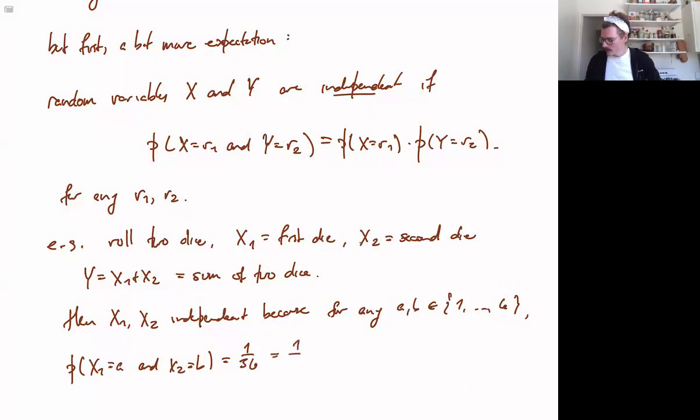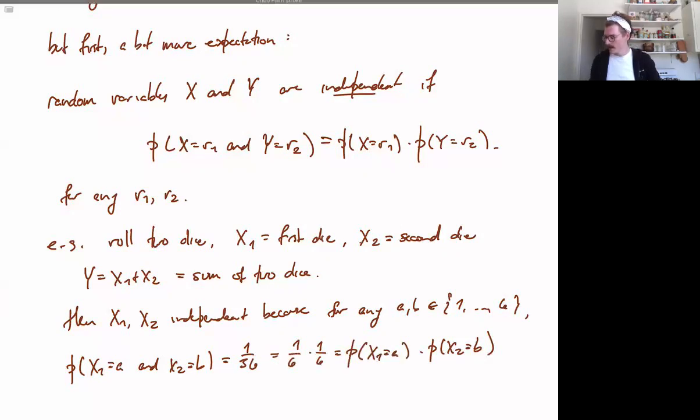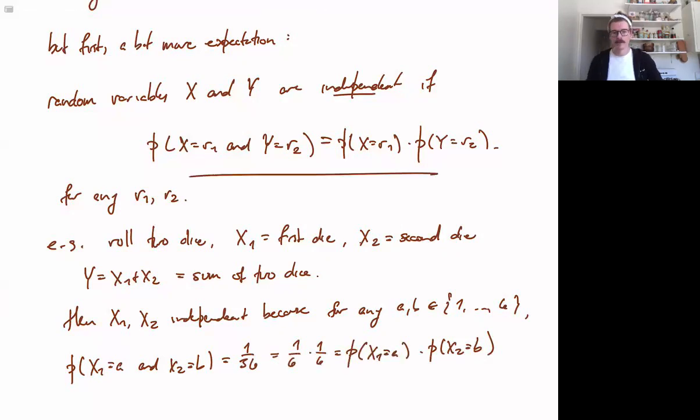And that's equal to 1/6 times 1/6, which is the probability that X1 is a, saying that the first die roll takes a certain value, times the probability that X2 equals b, which is the probability that the second die roll takes a certain value. And so this equality means that they are independent by our definition up here.